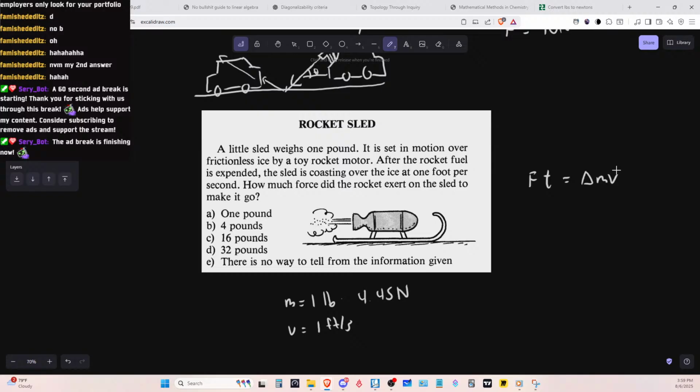The problem is we don't know how much time it took for the rocket to go.